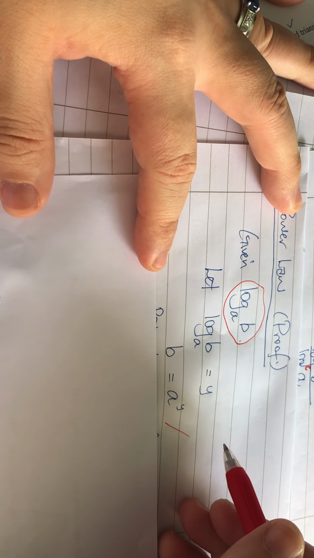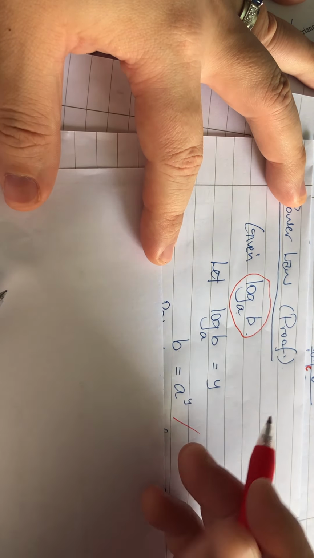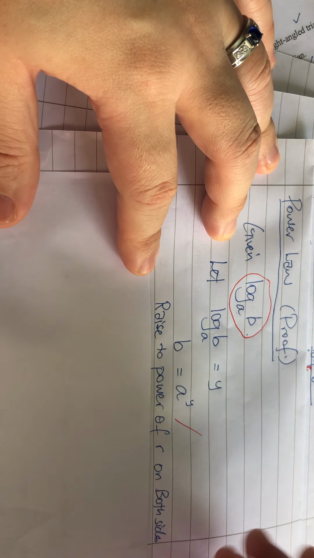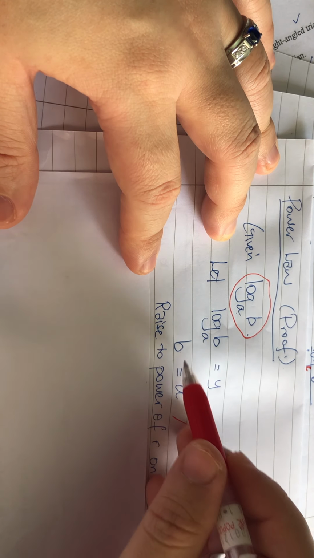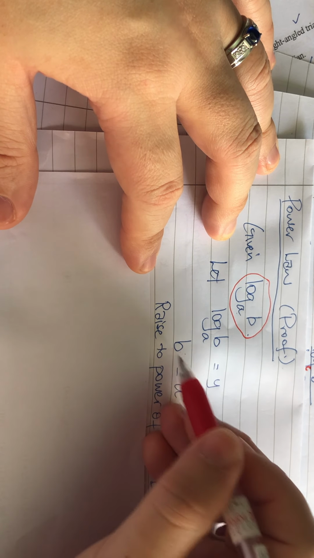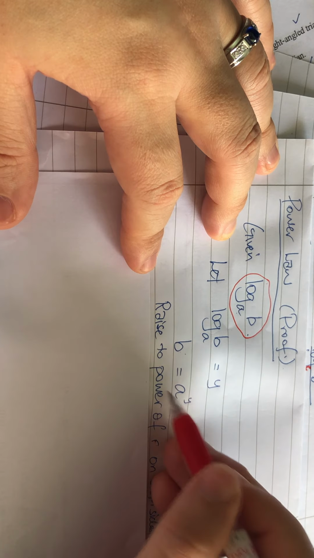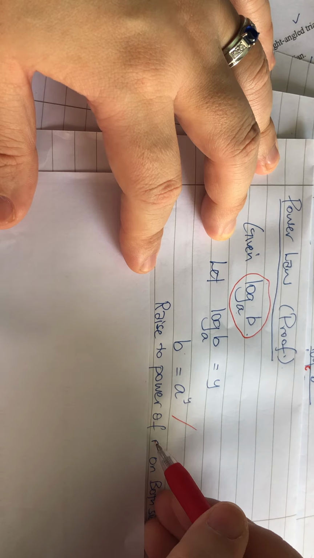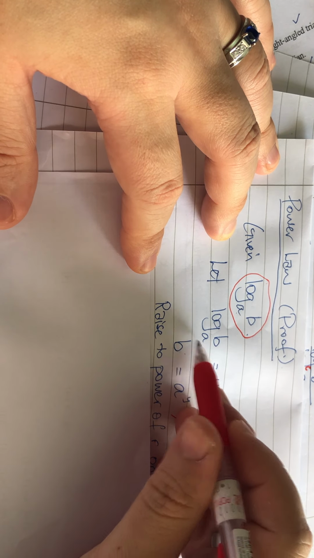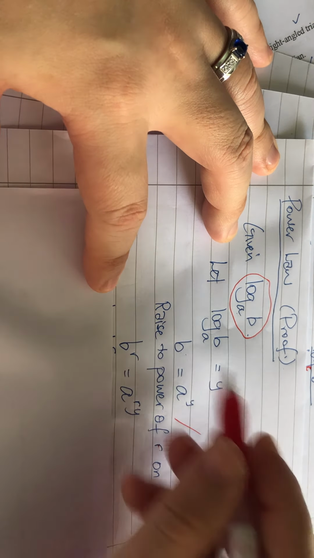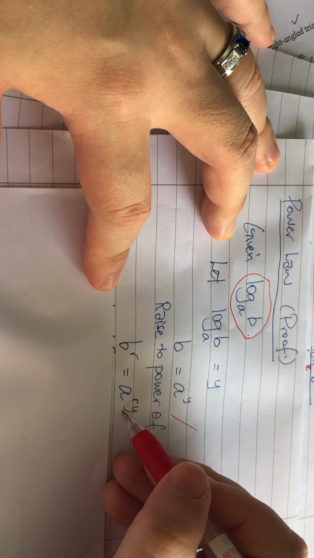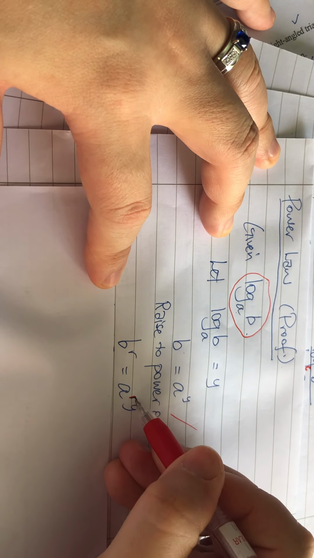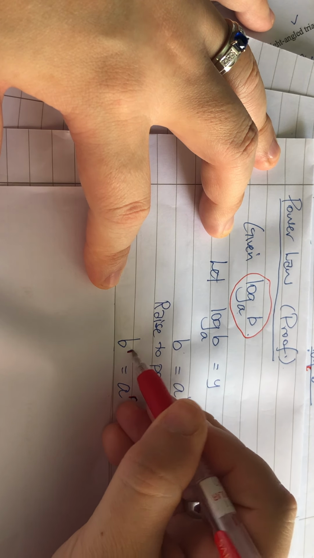After that, we will come back to logarithmic form, but before that, we raise the power of both sides. We power this side up by r, and power this side up by r. It's like squaring both sides, or cubing both sides, but in this case we don't know what this r is. So if I raise it to the power of r on the left, I must raise it to the power of r on the right. The new thing that you see here is r. I hope you notice that.